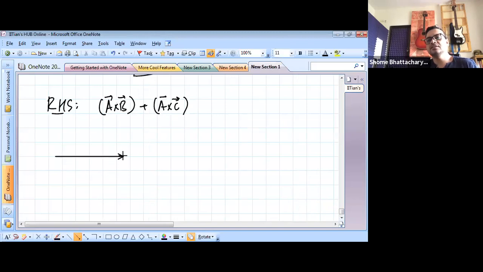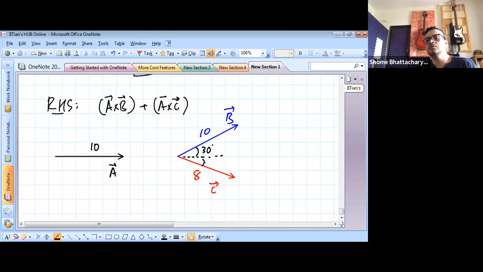So A is a vector like this, B is a vector like this, and C was a vector like this. This angle was 30, this angle was also 30.